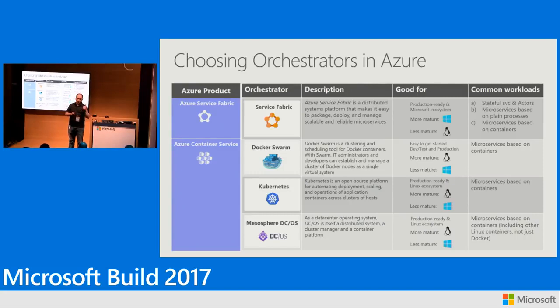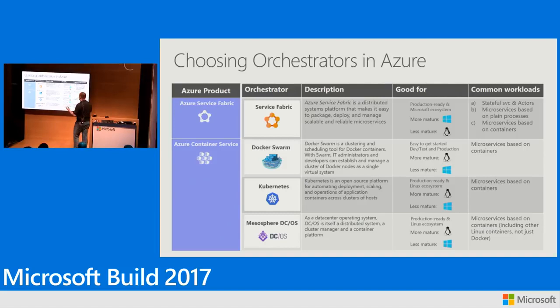For instance, SQL DB in Azure, or Service Bus in Azure, or the backend of Cortana, or the backend of Skype. All those products are based on Service Fabric. But in regards to containers, it's still in preview state with Docker containers. And if you are more in a Linux environment, then Docker Swarm, Kubernetes, or DCOS are more mature in Linux, less mature in Windows.